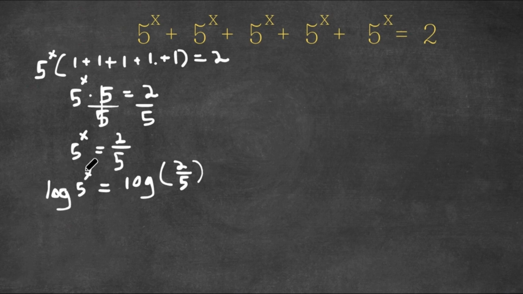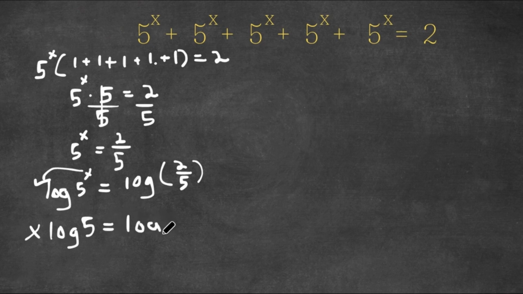Now, using the power property of logarithms, I can actually move this exponent to the front of the logarithm. So this would be x times log 5 is equal to log 2 over 5.